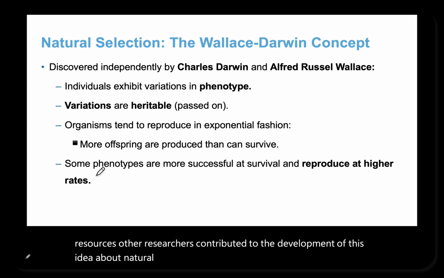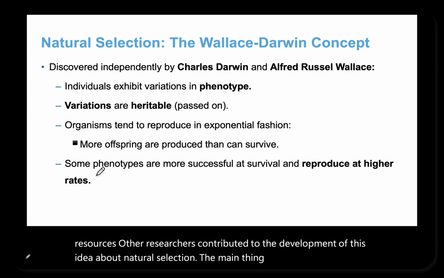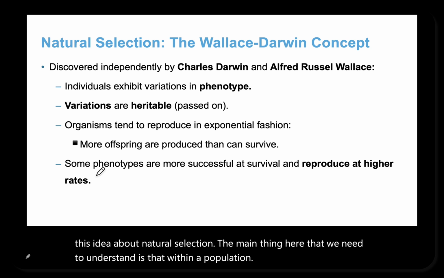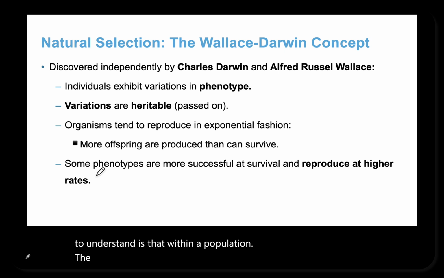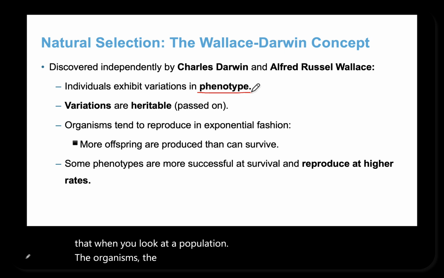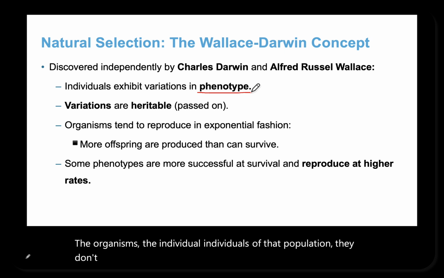The main thing here that we need to understand is that within a population, the individuals exhibit variations in their phenotype. Meaning that when you look at a population, the individuals of that population don't look the same.